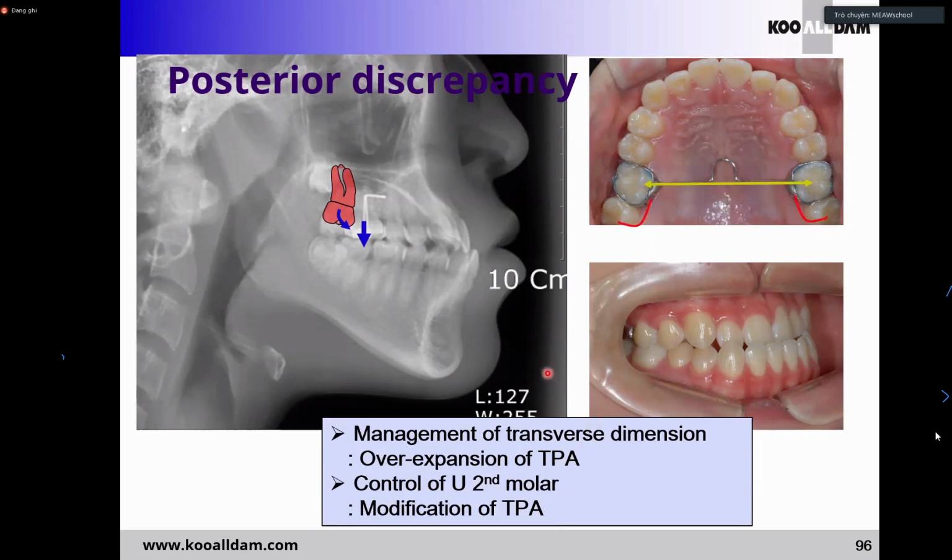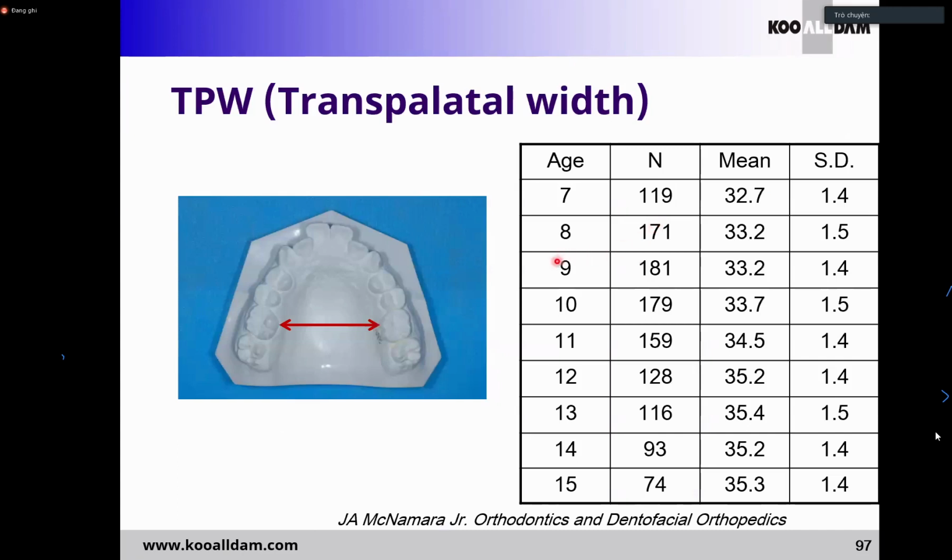So I want to modify TPA design like this. As you know, this is a transpalatal with TPW, shortened TPW.